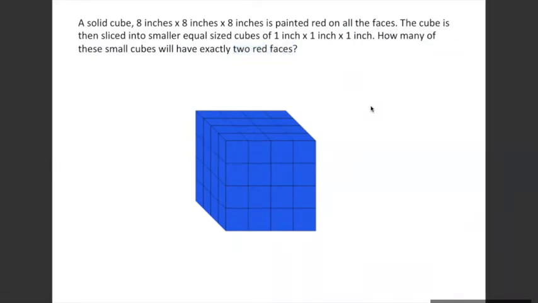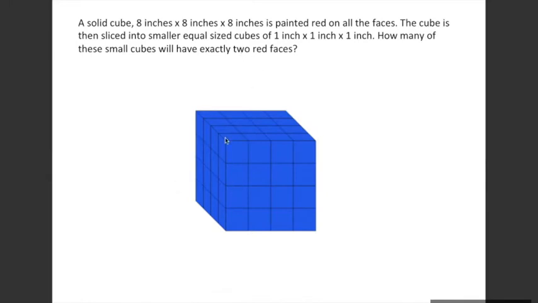Anybody can guess how do we proceed with this? Ma'am, we can calculate the number of cubes with 2 red faces on one edge and multiply it by 12. Okay. There won't be 2 cubes on one edge with 2 red surfaces.